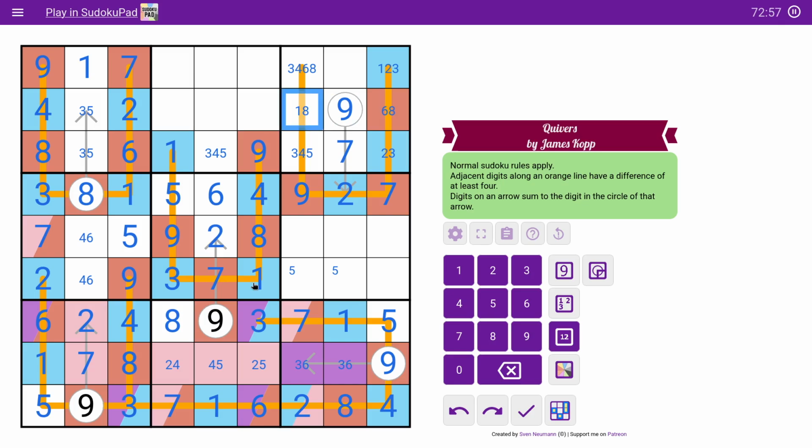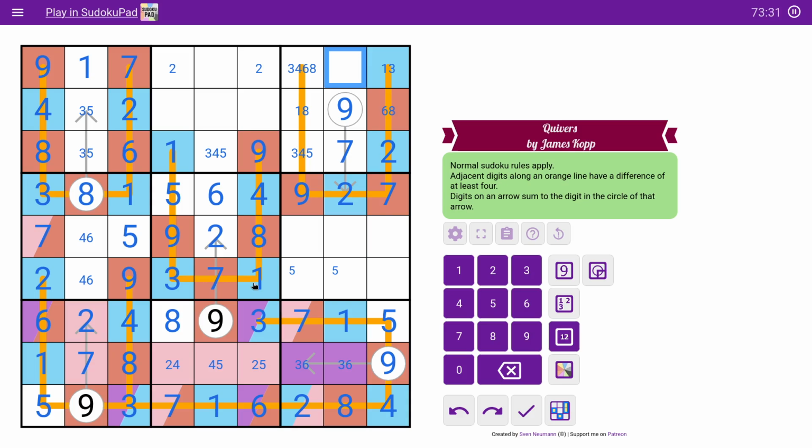Could be 1, 5. Oh, 2 in the row has to be here. 5, 1, 6, 8, 6, 3, 8, 4.